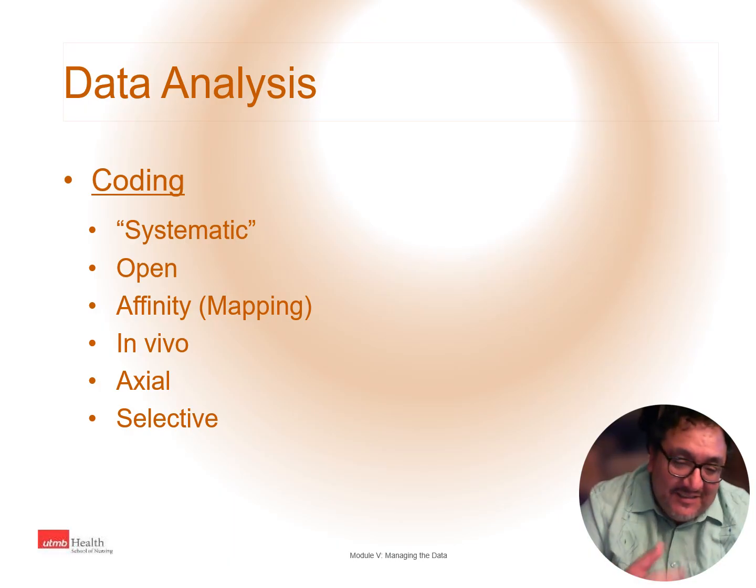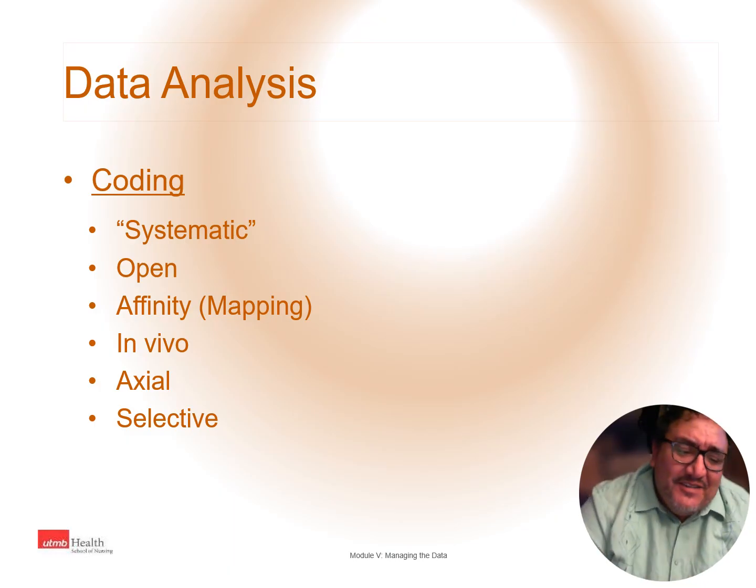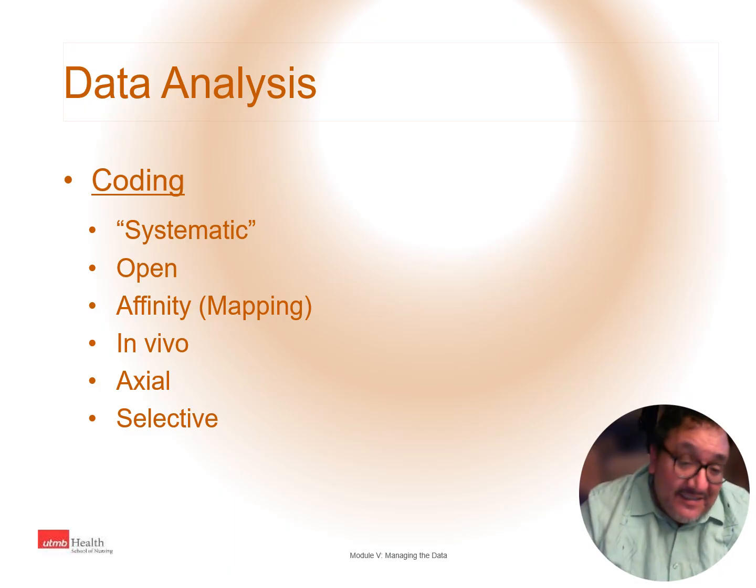Again, these are just some of the more common descriptors used for coding strategies. Remember, when it comes to data analysis, you should have already edited your transcripts, de-identified, done what you need to do, laid out everything you're going to analyze, and then try to decide how you're going to code it. That's the systematic way, and systematic has many different meanings.